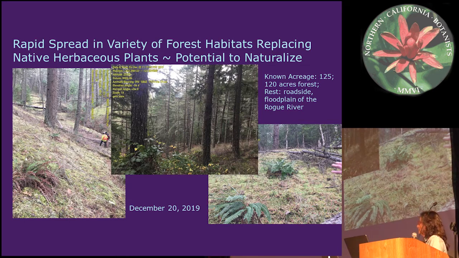It has a significant capacity to naturalize. Currently we know of about 125 acres, 120 in forested habitats, the rest roadside and in the floodplain of the Rogue River, unfortunately. And we expect to find more.